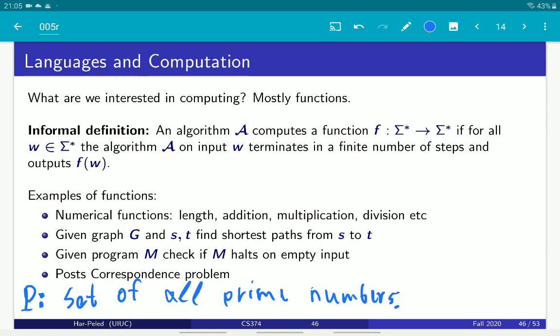And on the other hand, there are languages that are so complicated that no computer can tell us whether the string belongs in the language or not. In some sense, we would like to know where the language belongs. Usually when we speak about programming and programs, we care about problems for which we can write a program that answers them, and this program runs efficiently, in polynomial time or in linear time or whatever we can do.